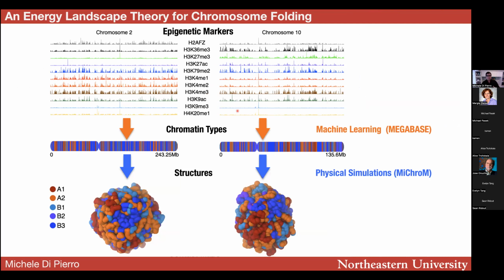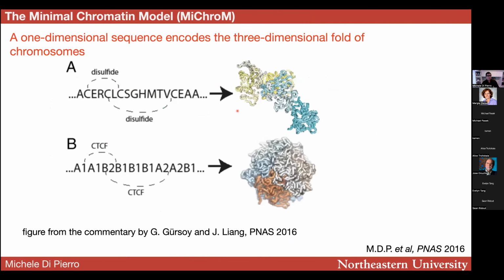These two steps carry us from one-dimensional epigenetic information, which comes in the form of ChIP-seq information, all the way to an ensemble of three-dimensional structures for that chromosome. The intermediate step is one in which the sequence of epigenetic information is converted into a sequence of chromatin structural types. So this was the overarching ansatz that we made a few years ago.